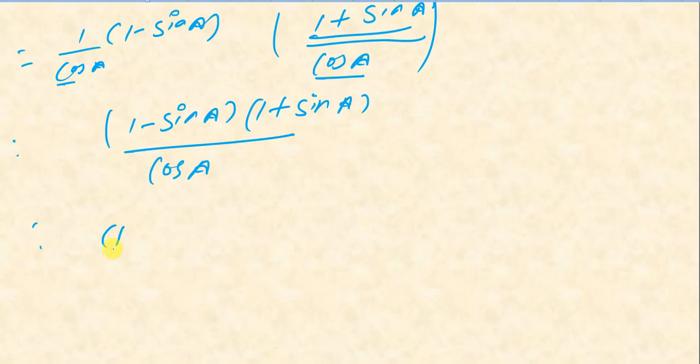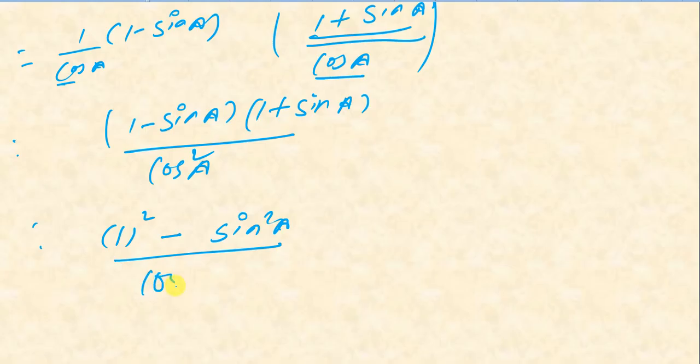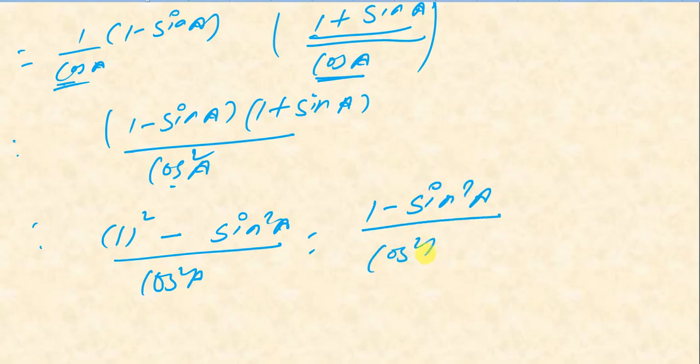It's 1 square minus sin square A, upon cos A into cos A, which is cos square A. So we get 1 minus sin square A upon cos square A.